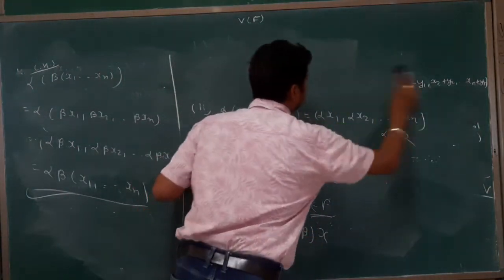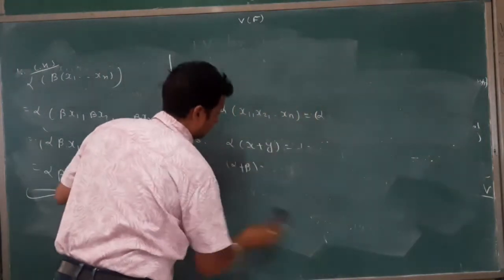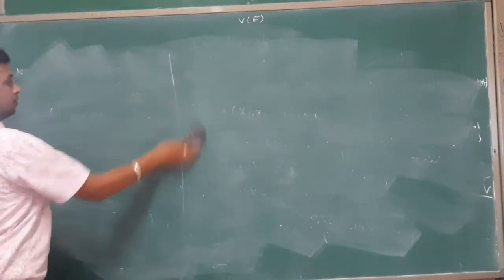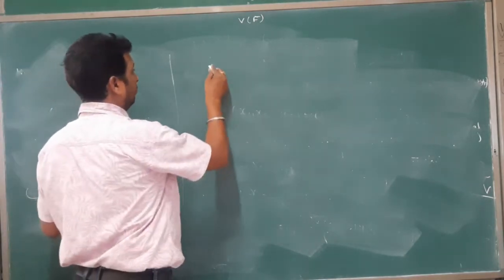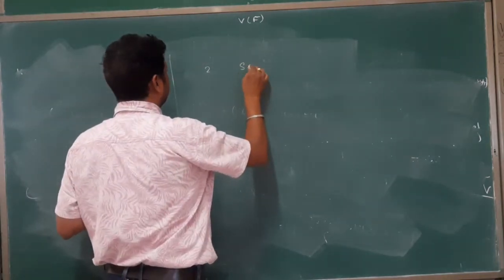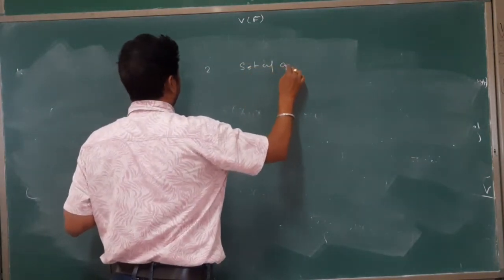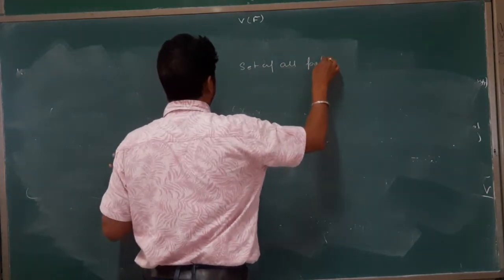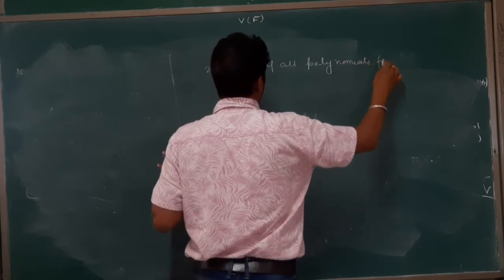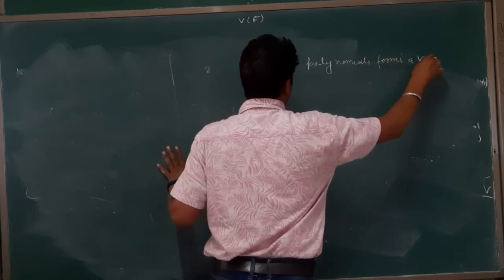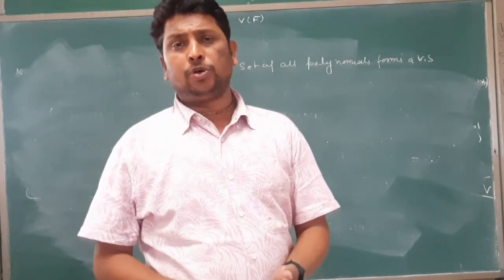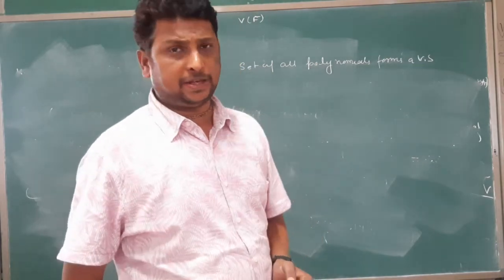Now I will write some important examples which you can prove by yourself. The set of all polynomials forms a vector space over R with respect to polynomial addition and scalar multiplication.